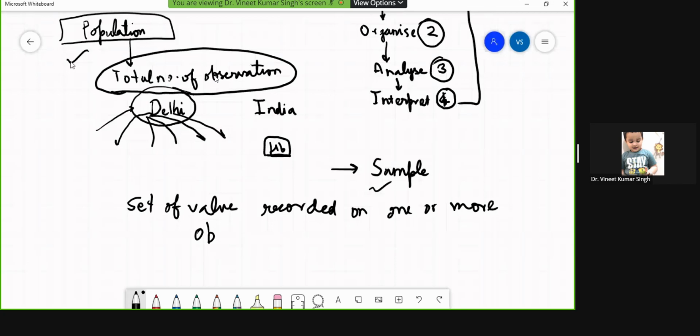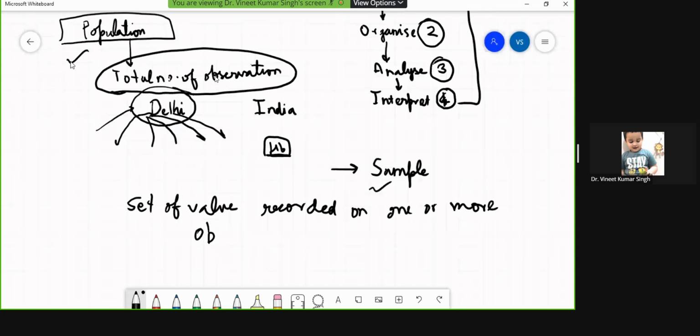Range. Range is basically the largest value minus the smallest value. The total range of any data set is the difference between the largest and the smallest value.